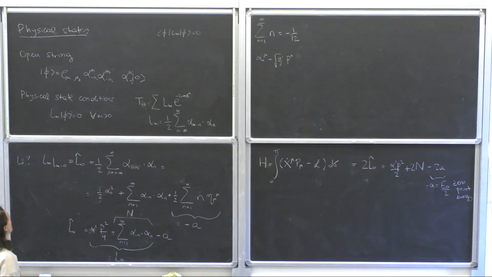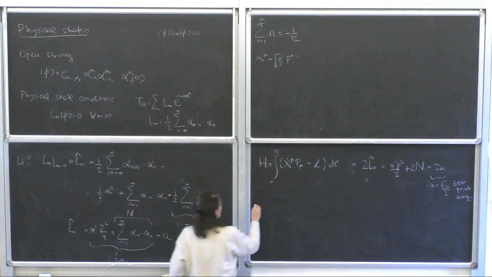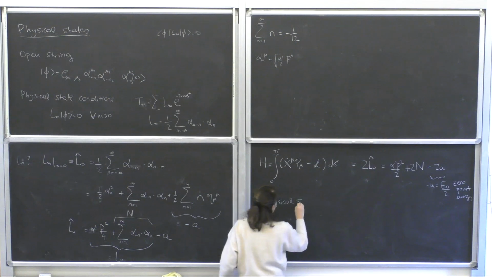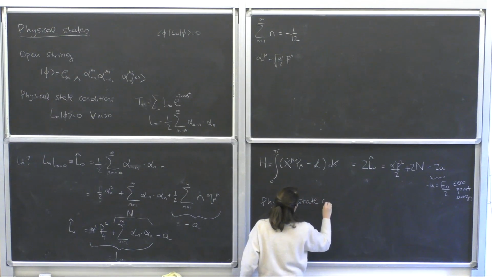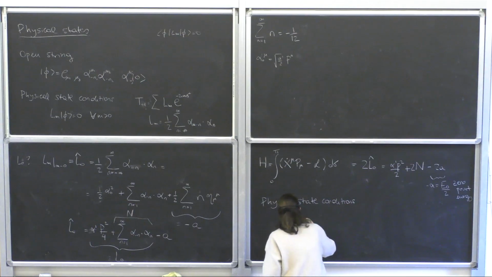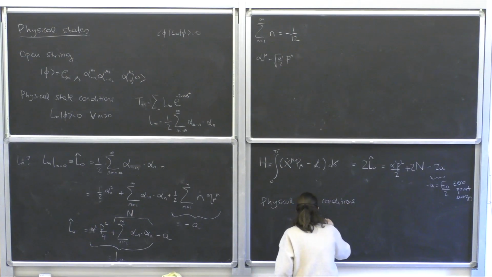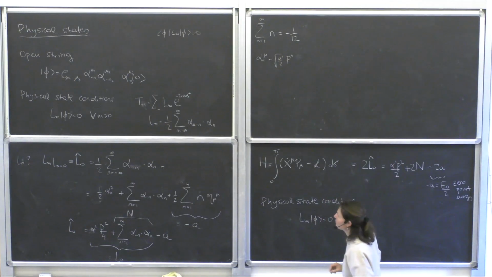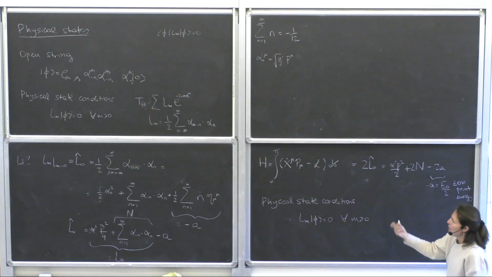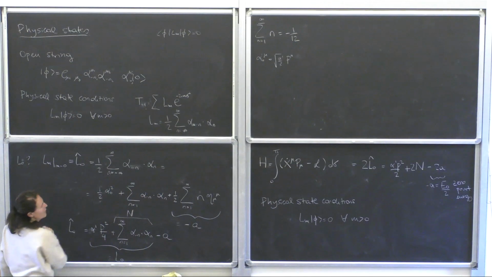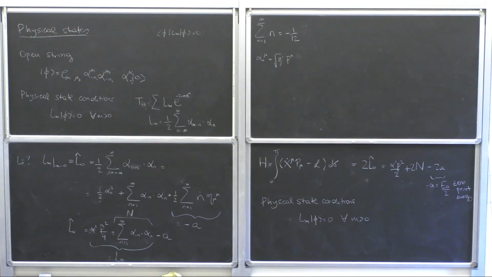So now going back to the physical state conditions. They are Lm phi equals 0 for all m greater than 0. And L0 hat phi equals 0 because, sorry, I forgot to say something. Okay, let me finish this.